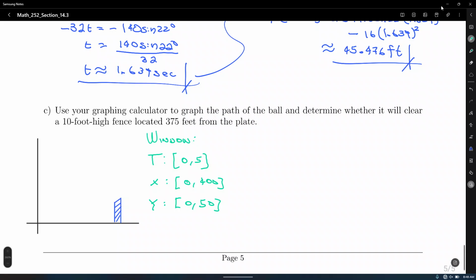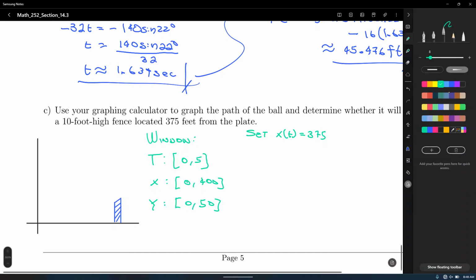Here I need to set the x component, x of t, equal to 375. Why is that? Because I need to find when the ball is 375 feet away from its hitting point, and then find the height at that value of x, defining the y component, to determine if it's going to make it or not.